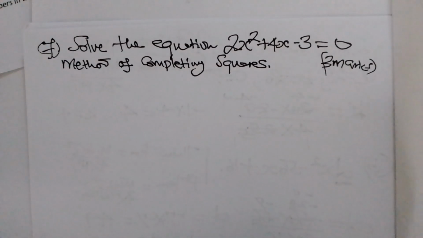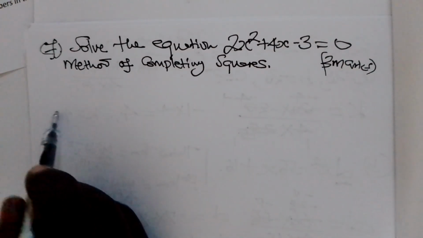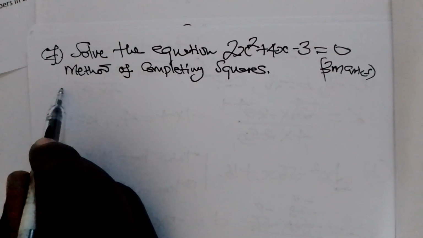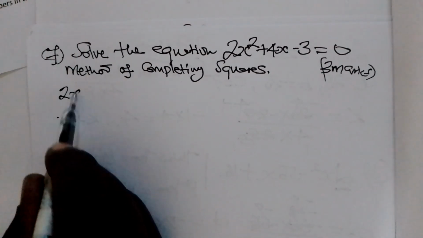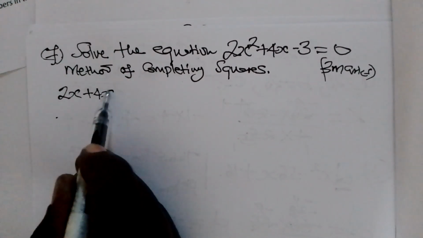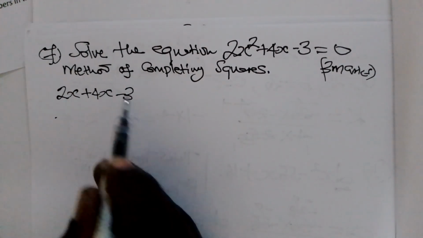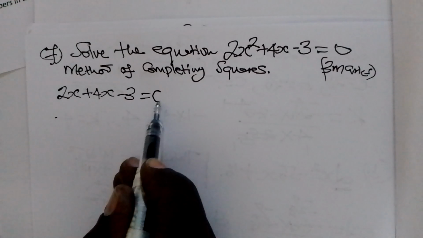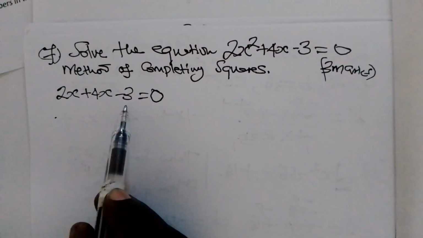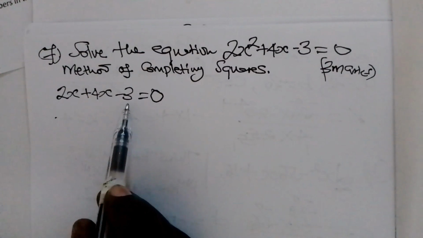What we need to do, we rewrite the equation. It's already given to us. We're going to get 2x squared plus 4x minus 3 is equals to 0. So we are going to add positive 3 on both sides.